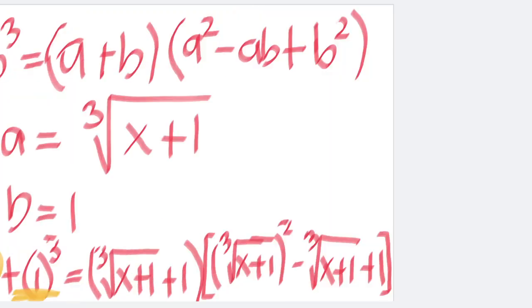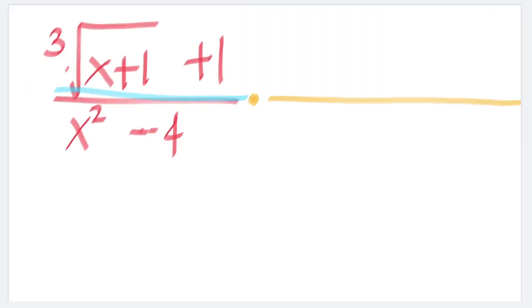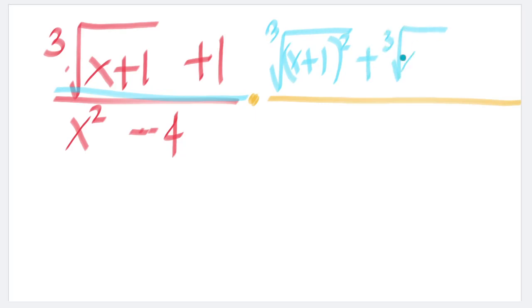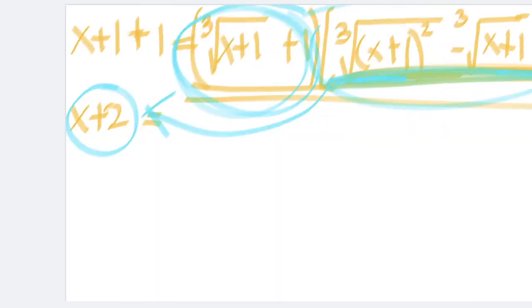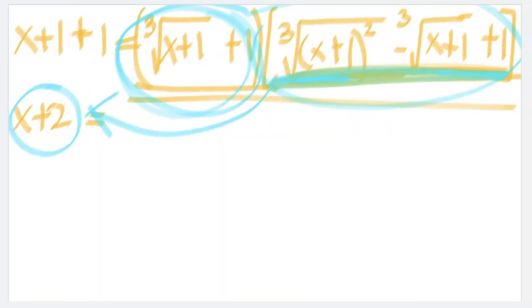So multiply both parts of the numerator and denominator by cube root of x plus 1 quantity squared, minus cube root of x plus 1, plus 1.